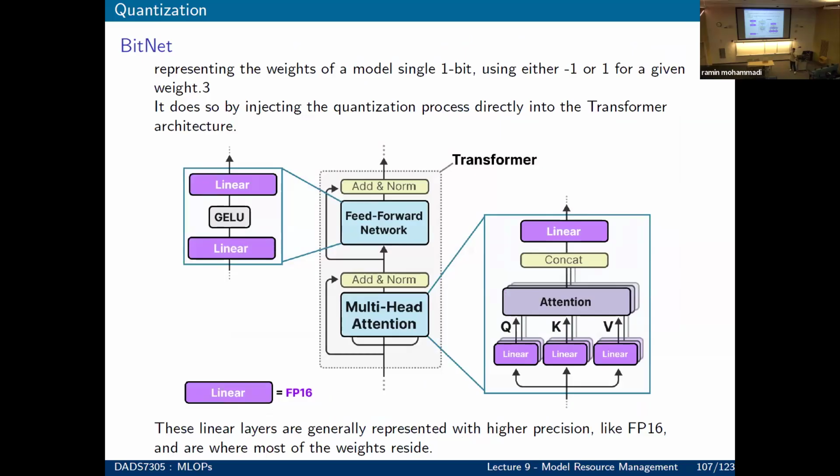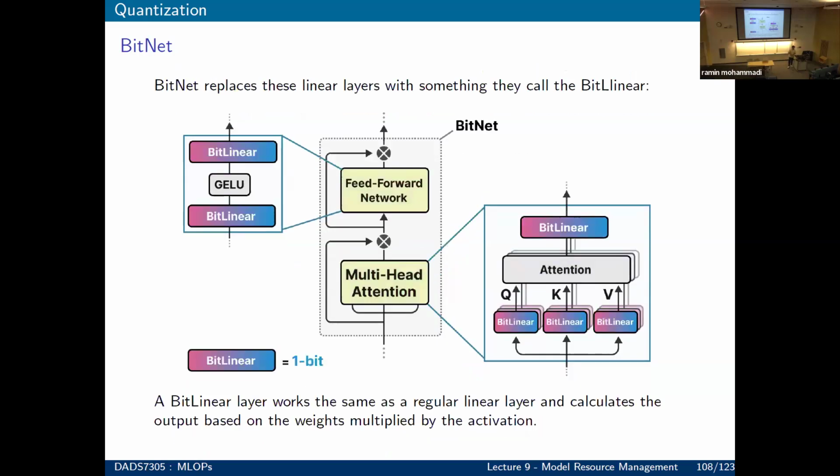Anywhere that you do linear multiplications and there are weights, in BitNet you use something called BitLinear, which is simply the linear multiplication that we do in a transformer, but over a bitwise quantized version of the weights.